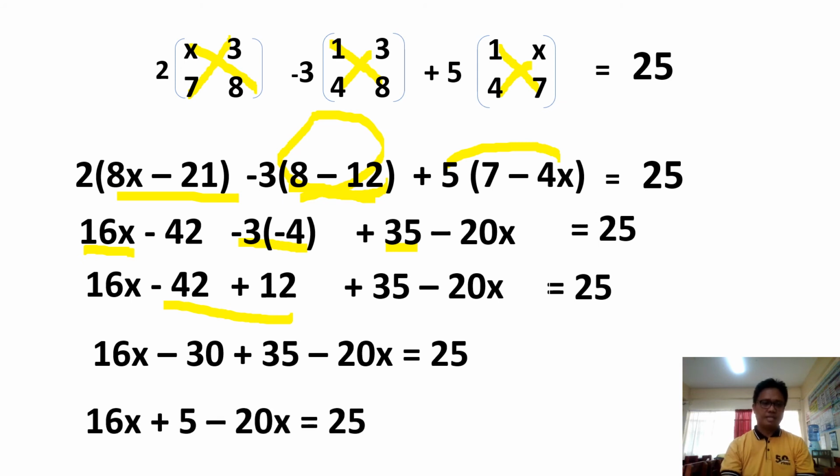Next, we have to solve first negative 30 plus 35. Since unlike signs, we have to subtract and copy the sign of the greater number. So negative 30 plus 35, you have positive 5. So copy 16x plus 5 minus 20x equals 25.